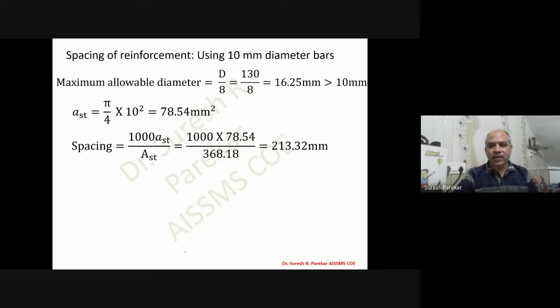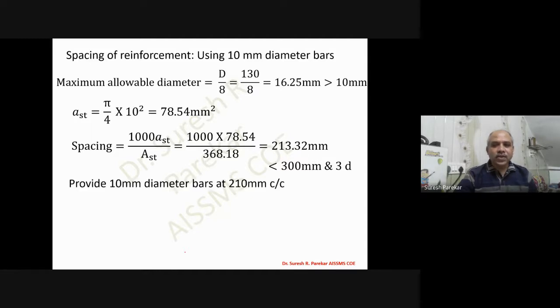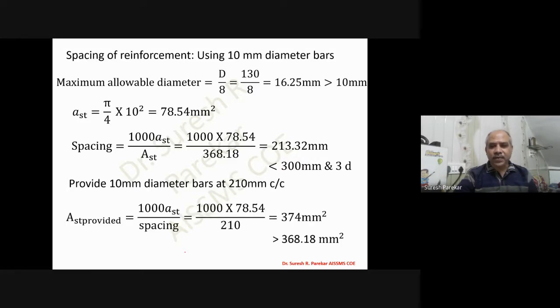So spacing is 1000 into small AST upon capital AST, which will be 213.32 millimeters, which is less than 300 mm and 3D. So provide 10 mm diameter bars at 210 millimeter center to center. Therefore AST provided is 374 mm square, which is greater than AST required.